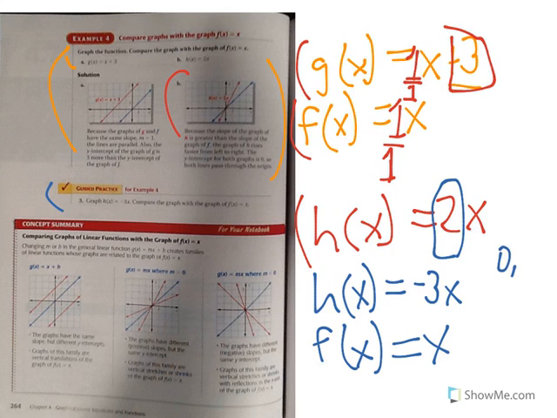It's going to be 0, 0 for both of these. It crosses through 0, 0. But the slope, in this case here, we're going to be going down 3 every time we go over 1. Down 3 over 1, down 3 over 1. We're going downhill. And the opposite is true here. We're going uphill because it's 1 in front there.